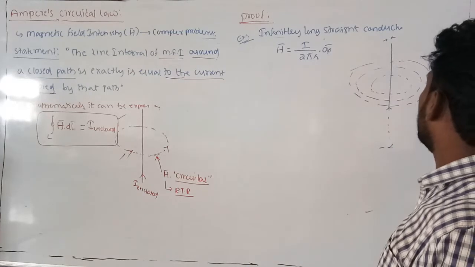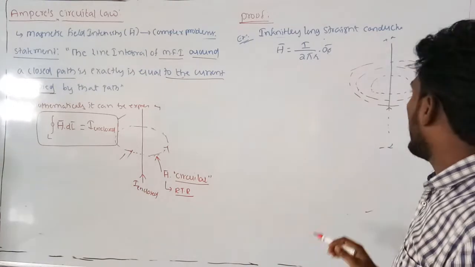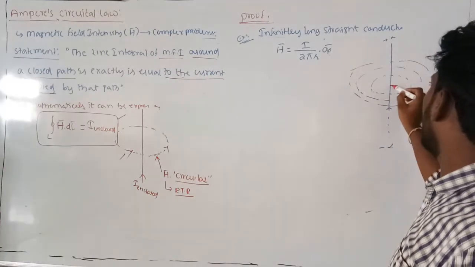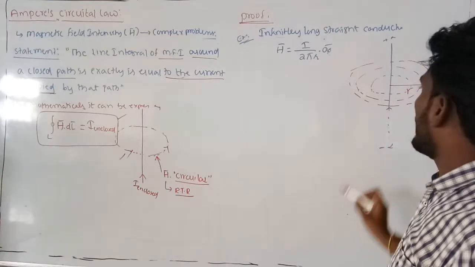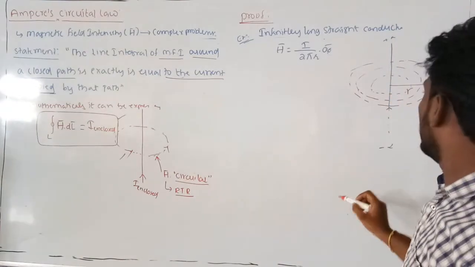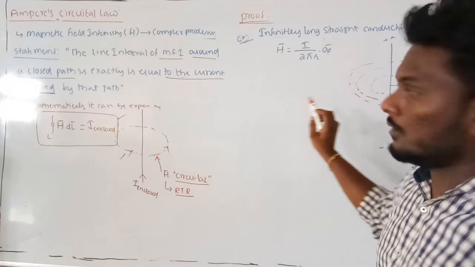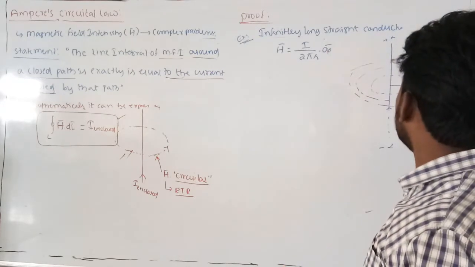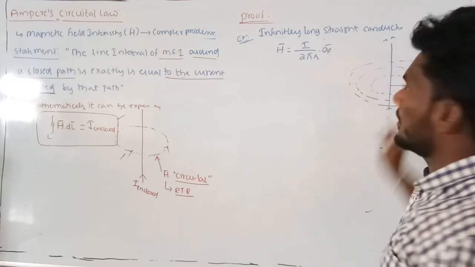H P bar is the magnetic field intensity at point P, which is small r distance from the conductor and perpendicular to it, and the expression is I by 2 pi r into A phi bar. The field intensity is in this direction, so it is represented with phi bar.